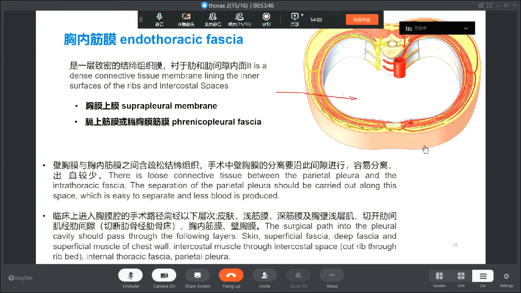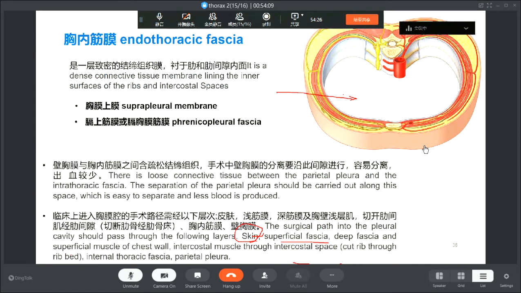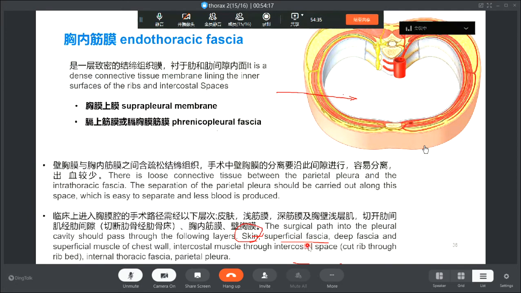The first layer is the skin, and then the superficial fascia, and then the deep fascia, and the superficial muscle of the chest wall, and the intercostal muscles through the intercostal space.